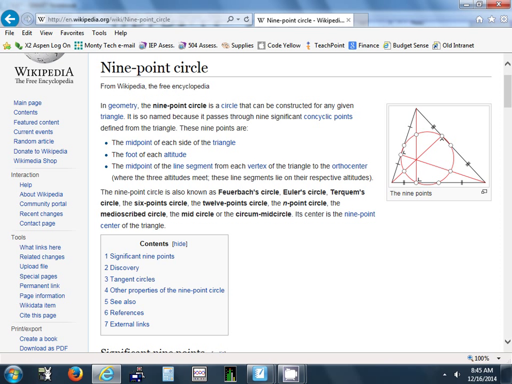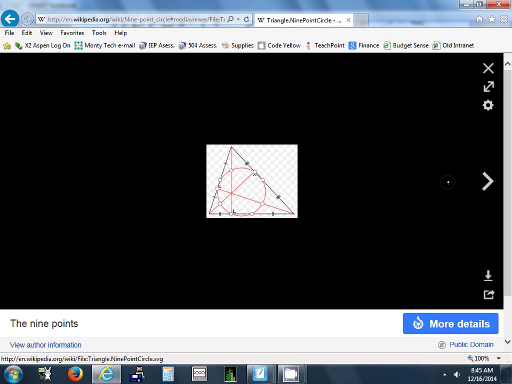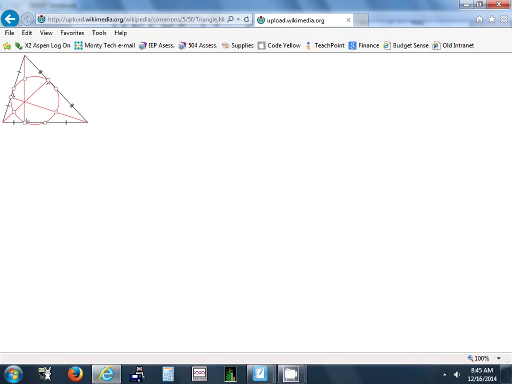But I'm thinking right here, this is the orthocenter. Oops. Whoa. So there's your orthocenter. And then if you draw in a segment from the vertex to the orthocenter and find its midpoint, that's one of them. We'll go over here now.